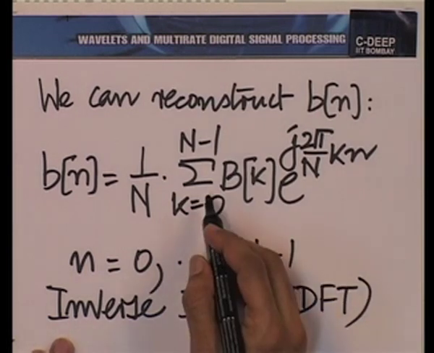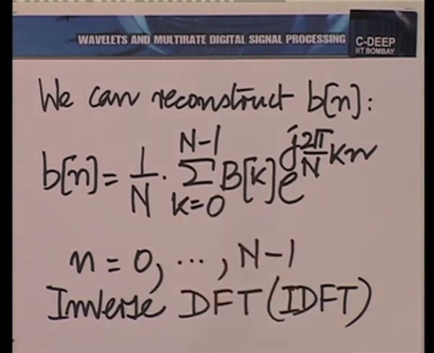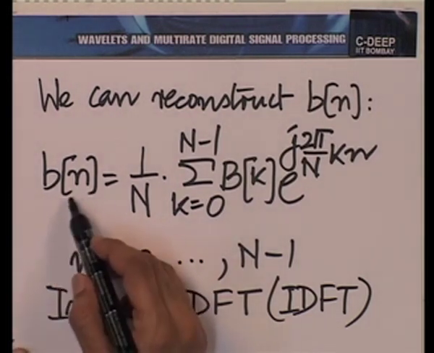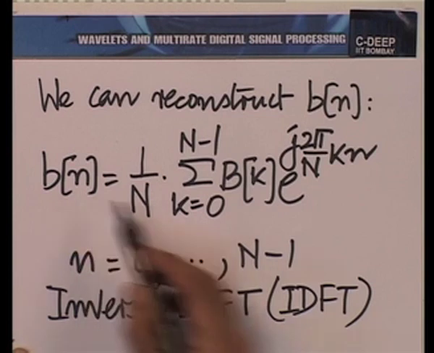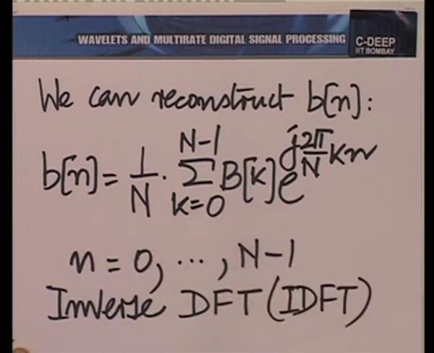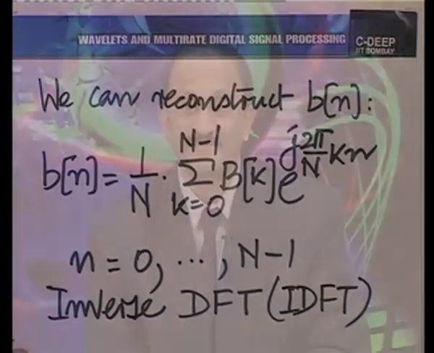In the IDFT, we have exactly the kind of expansion that we desire. We are expressing that limited sequence of capital N samples in terms of its DFT components and exponentials here. So, we have exactly what we want. Now, we can exploit this.